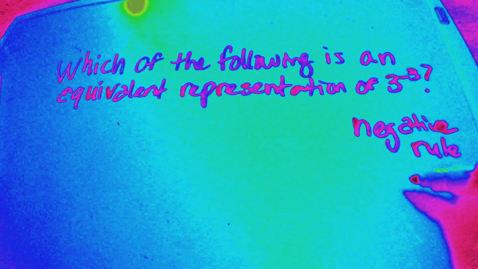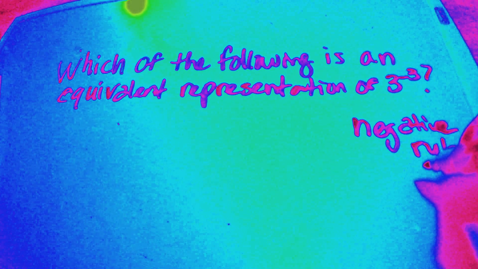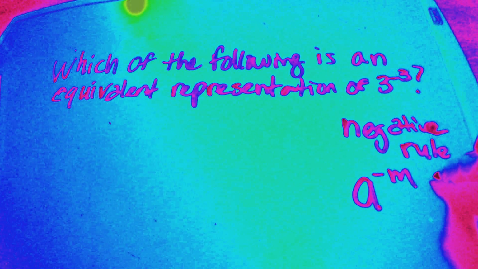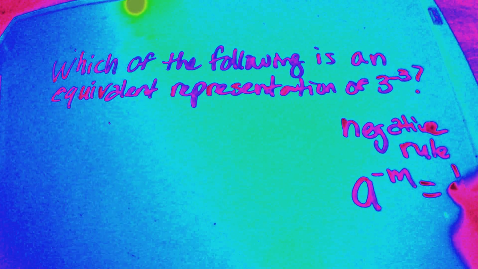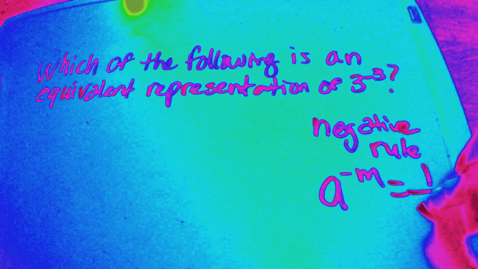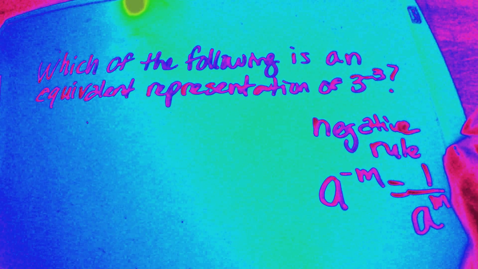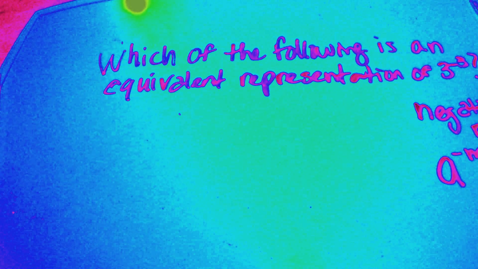The negative rule states when you have a number to the negative power, you put a 1 over that base and change the power to a positive. So that's what we need to do. We have 3 to the negative third power, and so we change it. That is all we are doing.